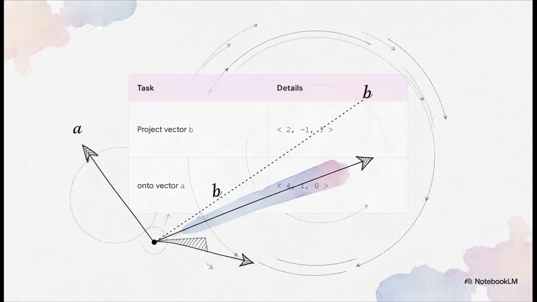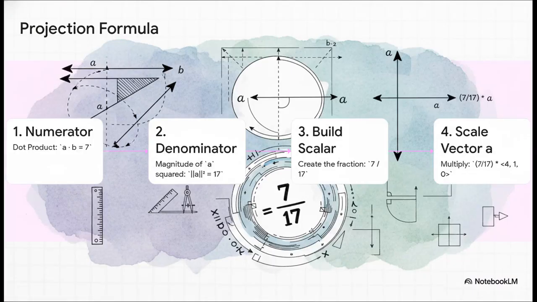So let's put it into practice. Our task is to find the shadow that vector B casts onto vector A. Now, the projection formula has a few parts, but they're all things we've seen before. The top part, the numerator, is just our good old dot product, which here is 7. The bottom, the denominator, is the magnitude squared of the vector we're projecting onto, so A in this case, which is 17.